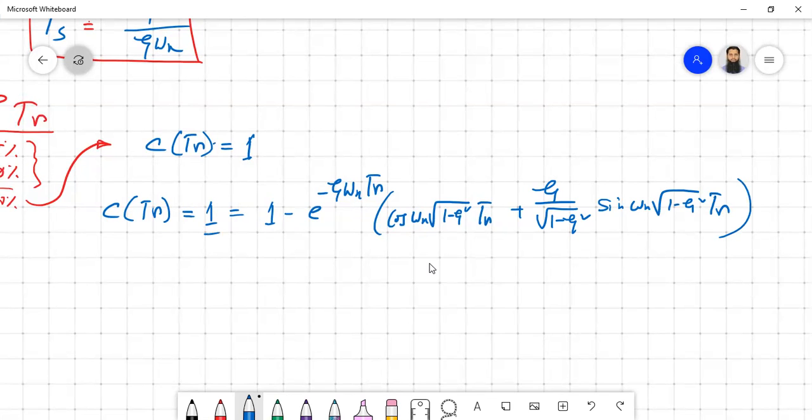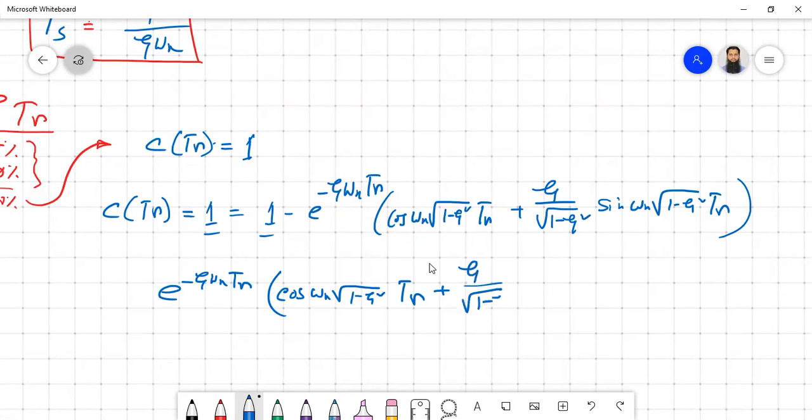As you can see, the 1 is getting cancelled. What is left is the minus value that we had: e to the power minus zeta omega n tr into the sinusoidal parameter.